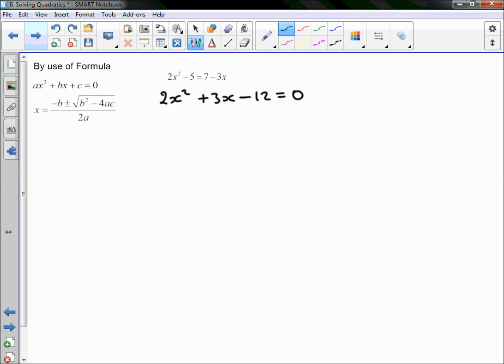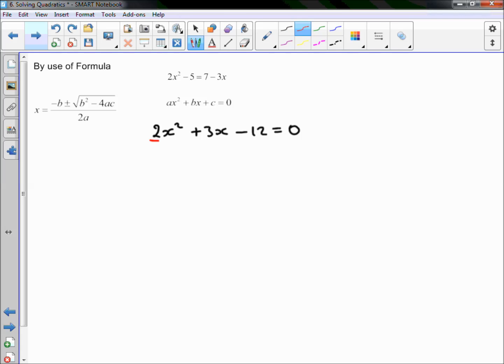Okay, so in that case I want to use the quadratic formula. I want to use x equals minus b plus or minus the square root of b squared minus 4ac all over 2a. So I need to work out what a, b and c are. So if I compare this to this, a is going to be 2. b is going to be 3.